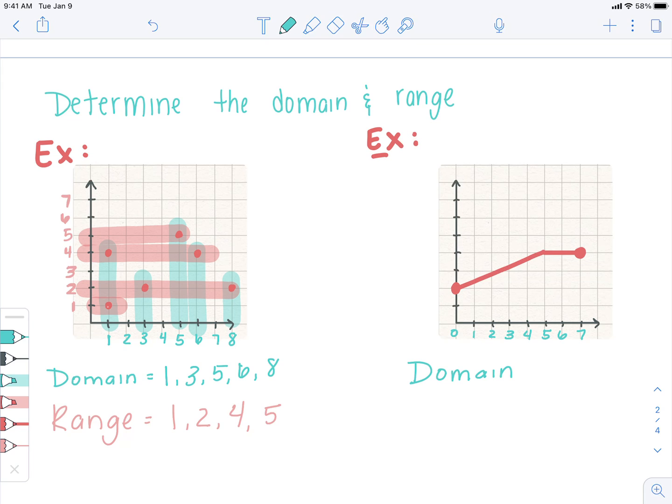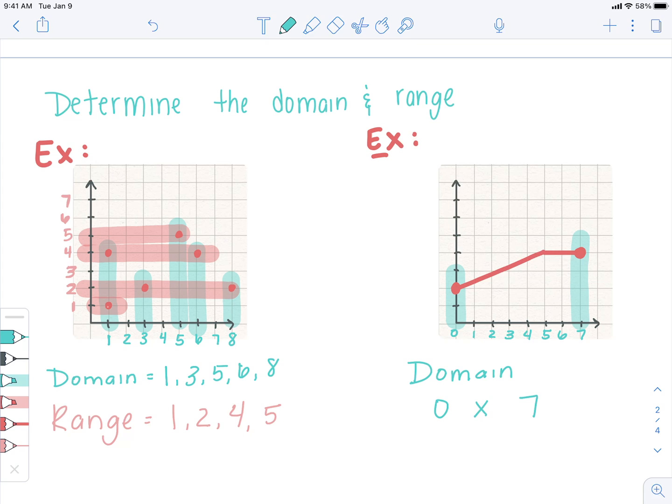So if I look at my domain, I see that my graph starts at 0 and my graph ends right here at 7. So my graph is in between 0 and 7. My domain is talking about my x value, so my x is in between 0 and 7.